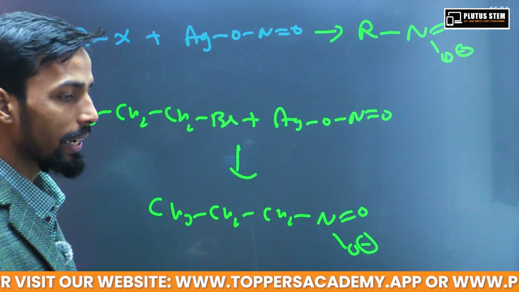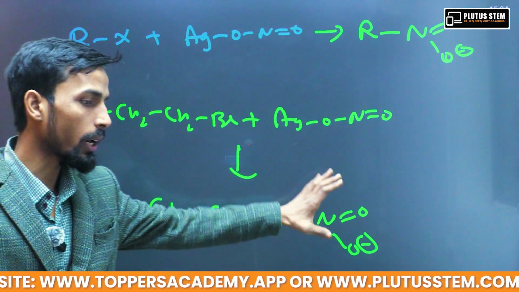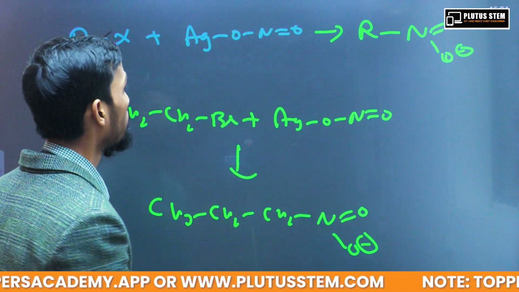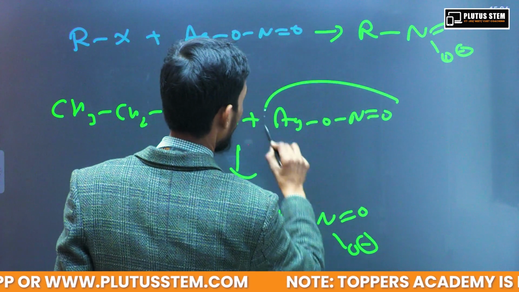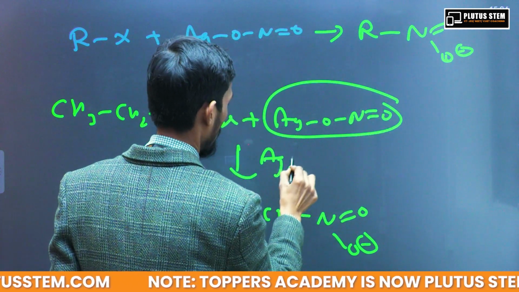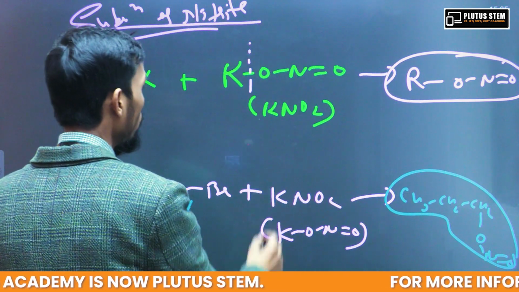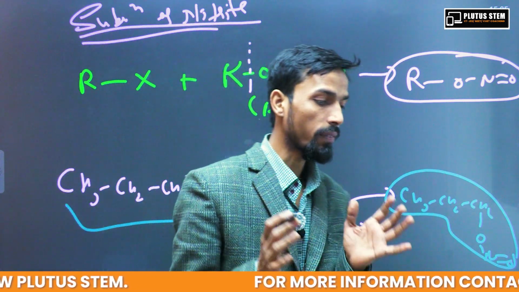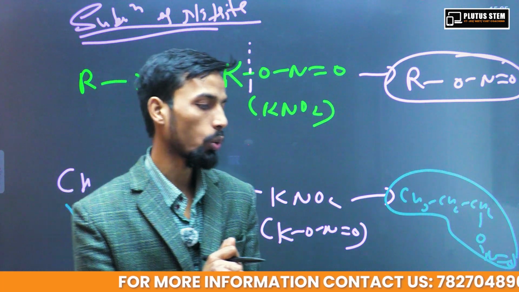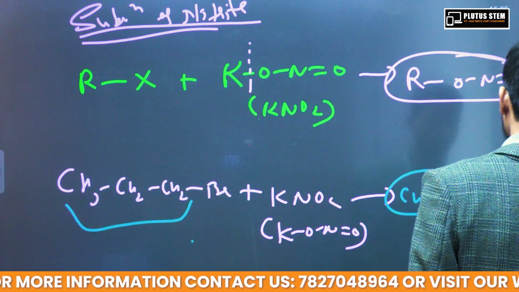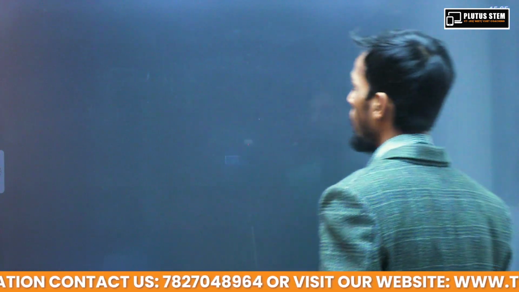So what is that difference, that we are getting NO2 in the place of ONO with AgNO2, but we were getting RONO with KNO2. So the difference between this AgNO2 and KNO2 is similarly the same case as we have discussed earlier also.